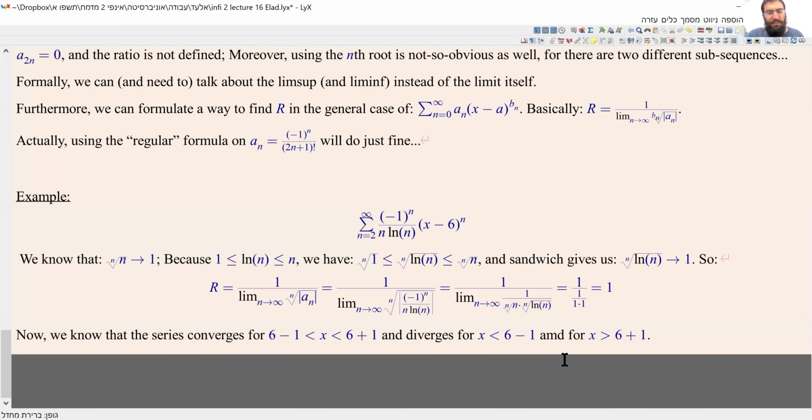One can write, of course, 7 and 5. What happens on the ends themselves, on 6 plus minus 1?